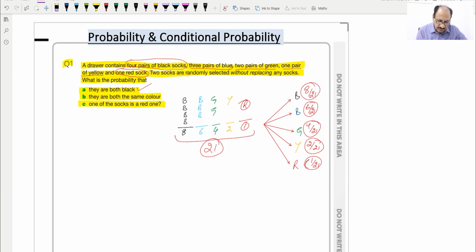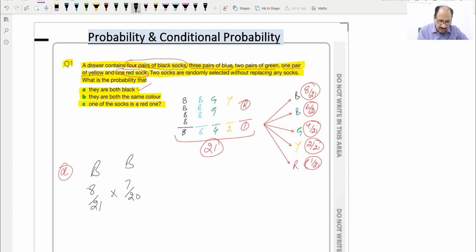We have not yet started the A part. So what is the A part? They are saying they are both black. So the first should be black. The probability for the first to be black is 8 out of 21, and the probability for the second to be black is one less because one is gone, so 7 out of 20.